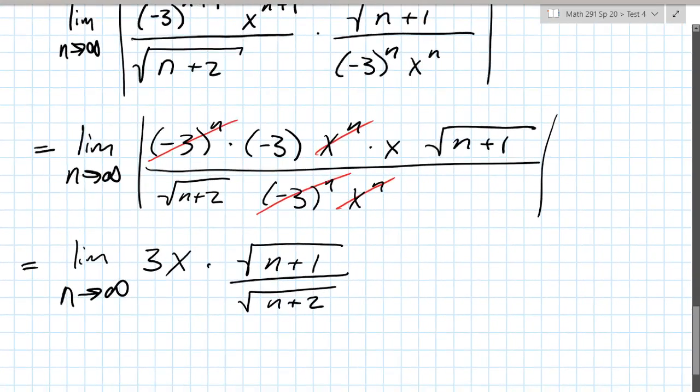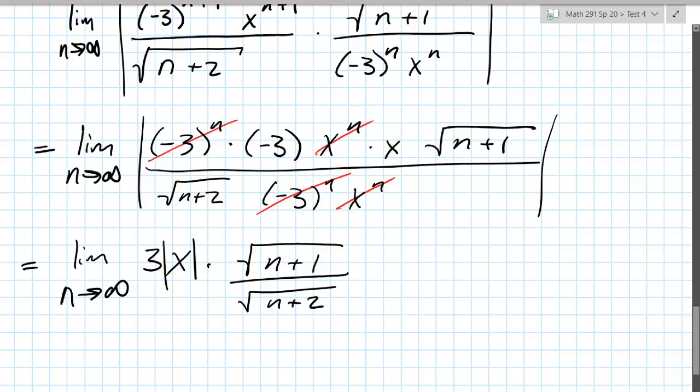So I want to find this limit. You could probably guess what this limit is. It's going to be 3 times the x. I guess x probably needs an absolute value since it could be either positive or negative. The 3 doesn't need the absolute value anymore because we took the absolute value of the -3, so it's okay there.